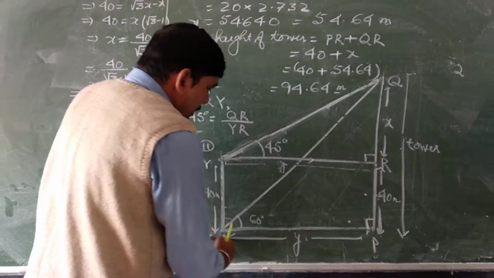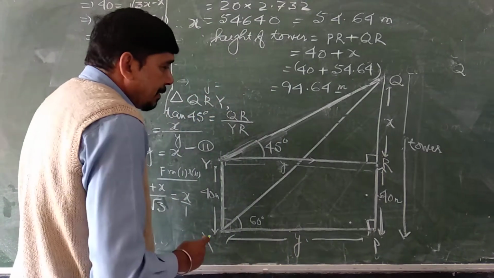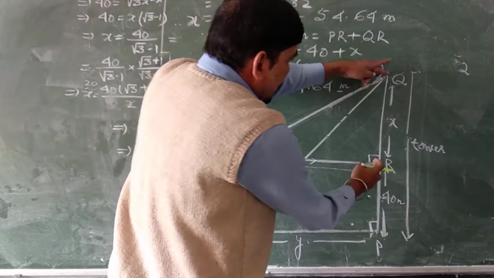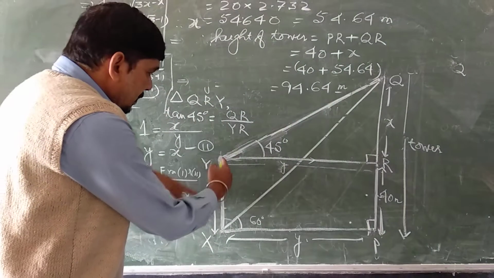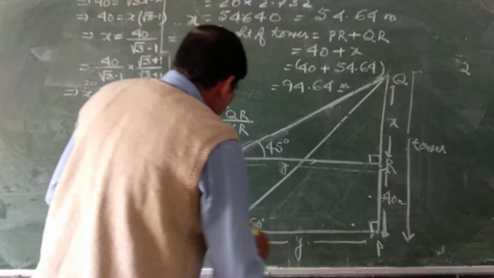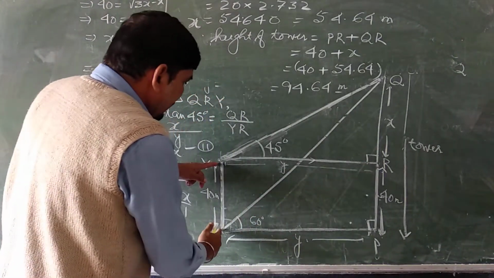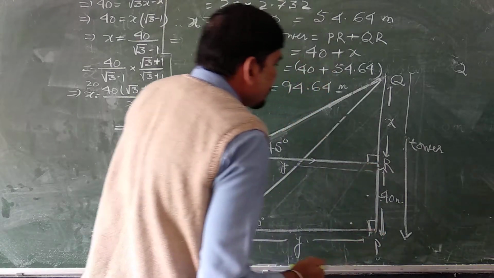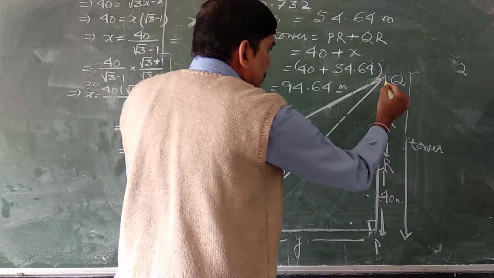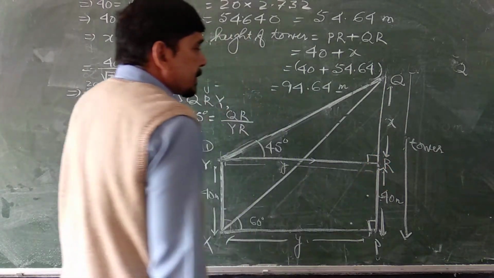So you can assume that PX is y and QR is x. Now in rectangle PXYR, XY is 40 meters, so PR will also be 40 meters. Now let QR be x.